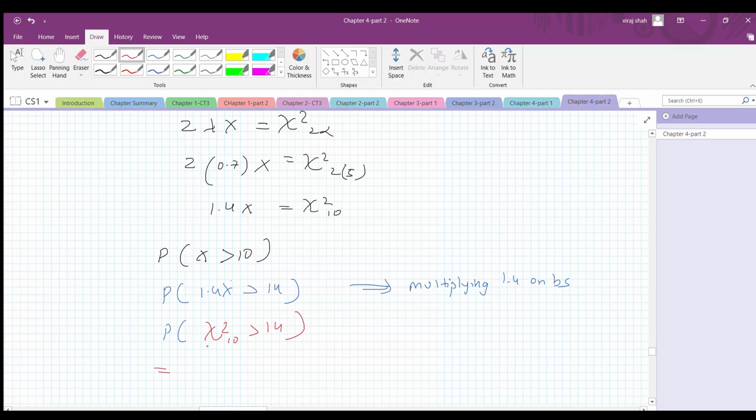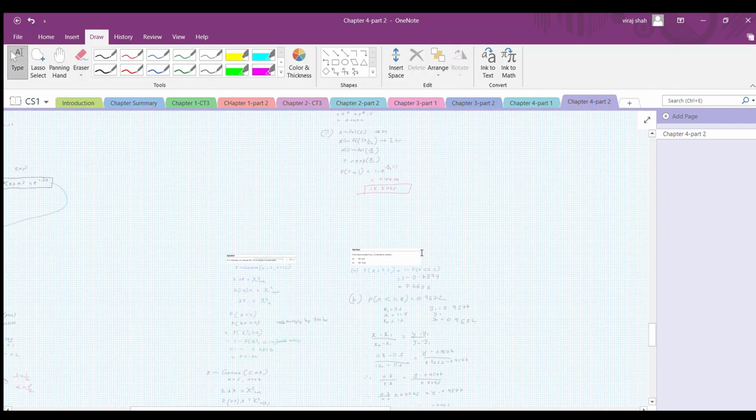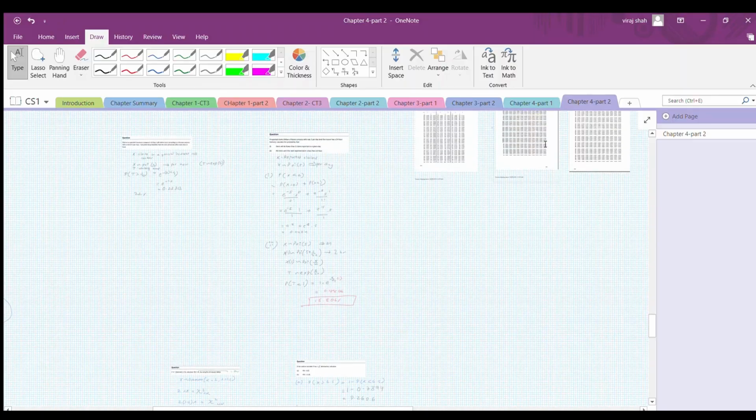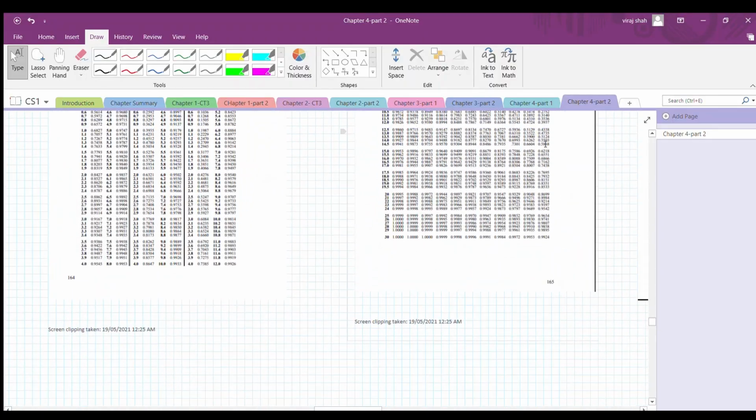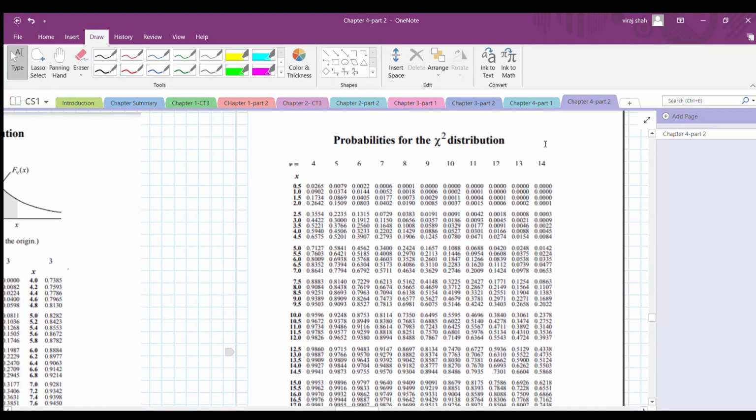Let me see the tables. Chi square 10, so my 10 is here, and where does my 14 lie? It lies somewhere here. So 0.8270 is my answer.